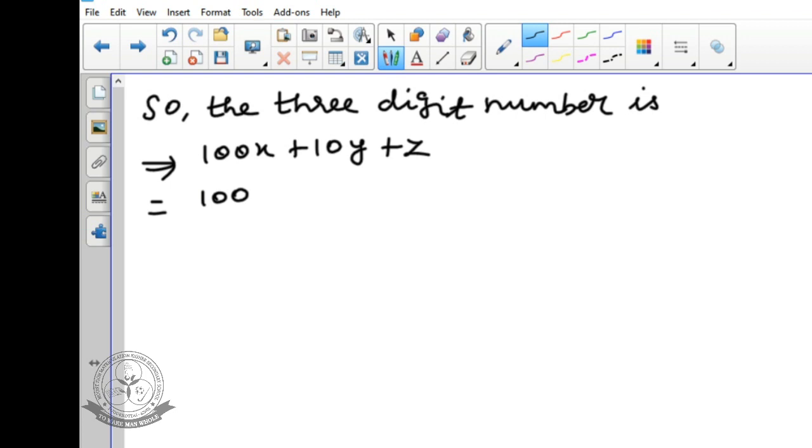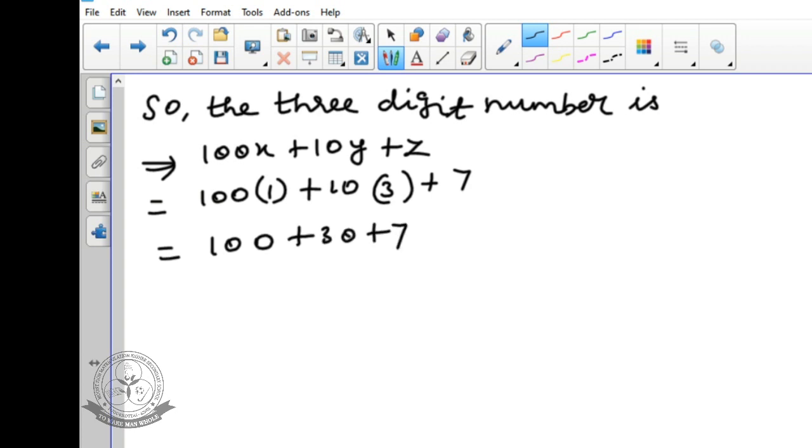So 100 into 1 plus 10 into 3, y means 3, plus z will be 7. So 100, 10 into 3 is 30, plus 7. So 137. Okay. The 3-digit number is 137.